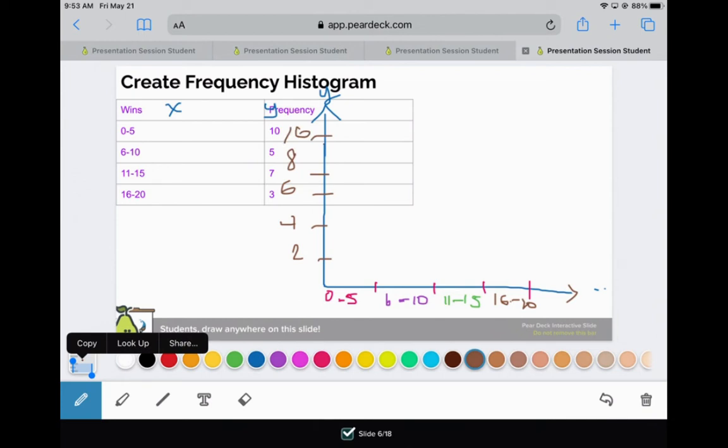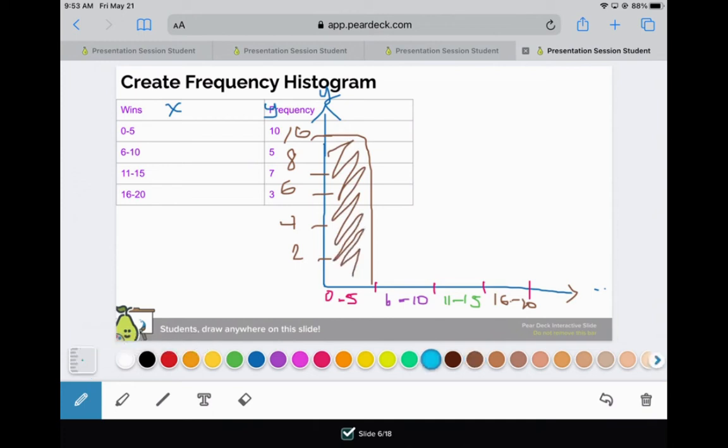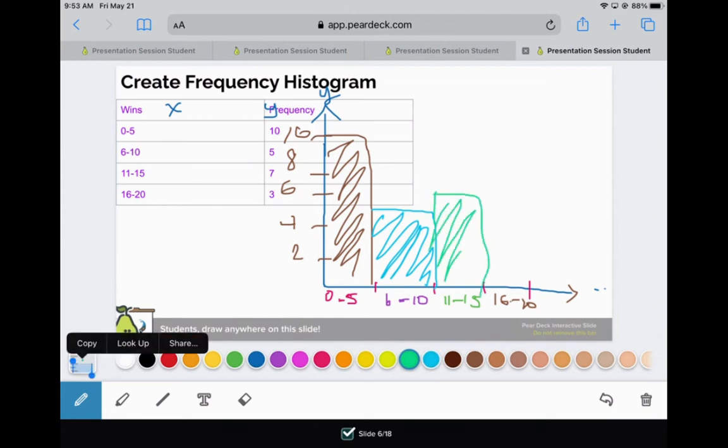So the first is 10, so I make the first bar graph. You can fill it in or you don't have to fill it in, it's up to you. The second one is 5, so that's between 4 and 6. The third one is 7, so that one is a little bit higher. Right here. And the last bar is at 3, so it's between 2 and 4. So this is my bar graph.